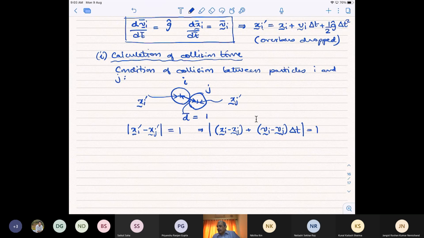Now you know that by definition of the magnitude, this is nothing but the square root of v dot v. So the magnitude of any vector squared is just equal to v dot v.